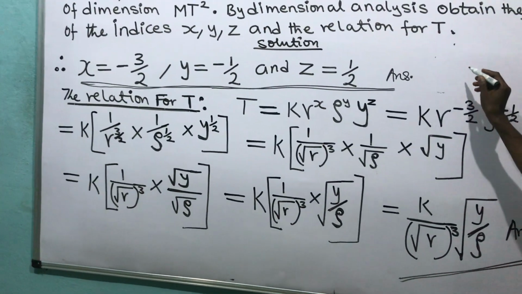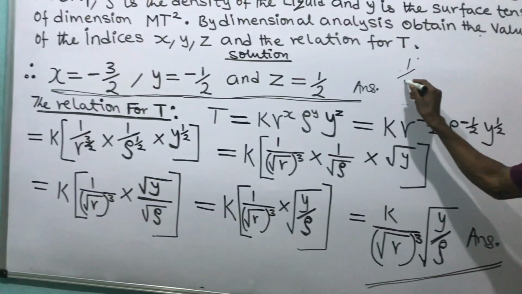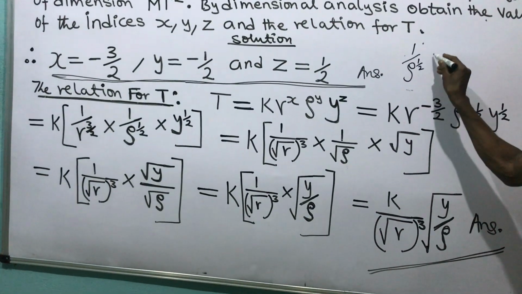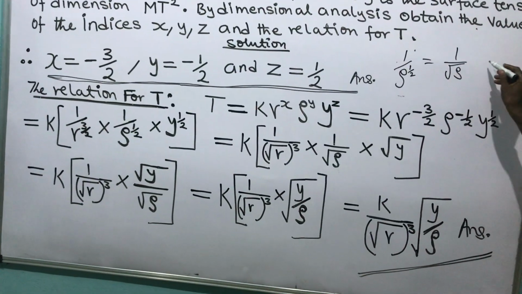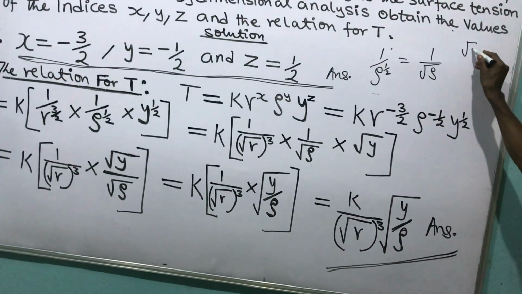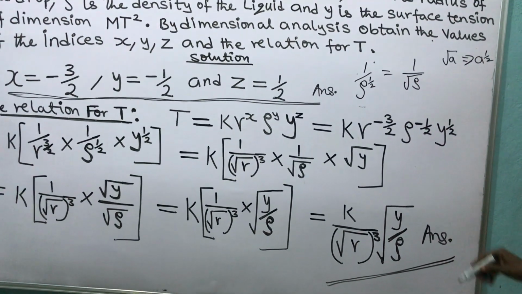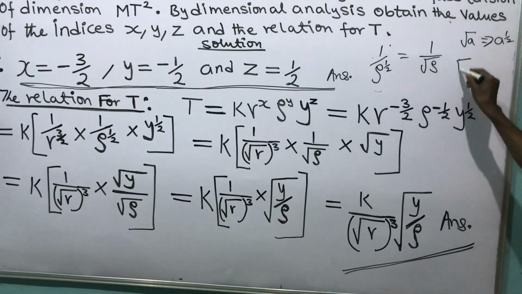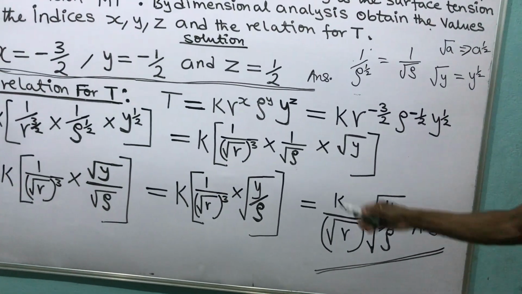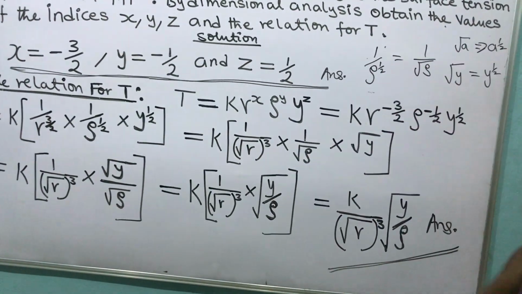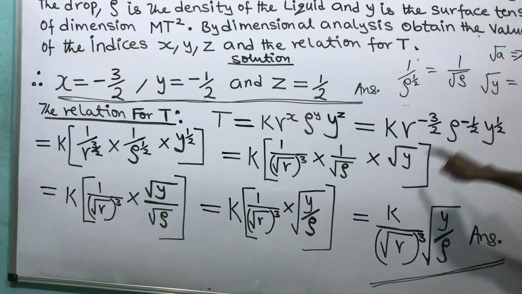We said that 1 over density raised to power 1 over 2 can be written as 1 all over root of density. And if I have root a, this implies a raised to power 1 over 2. Are you getting what I'm saying? Root y is the same thing as y raised to power 1 over 2. Therefore, this y raised to power 1 over 2 can be written as root y. Have you seen it now? Then you will now close the bracket.